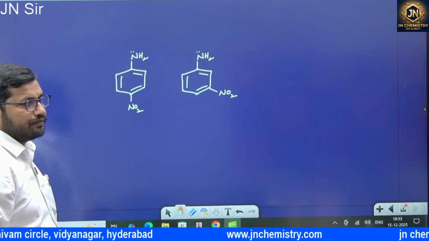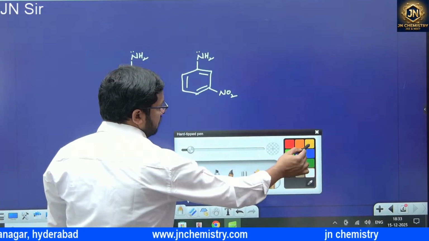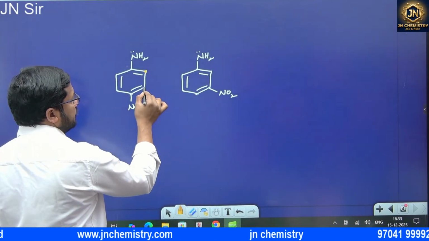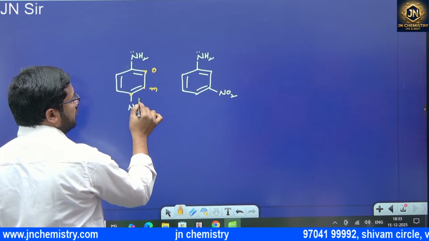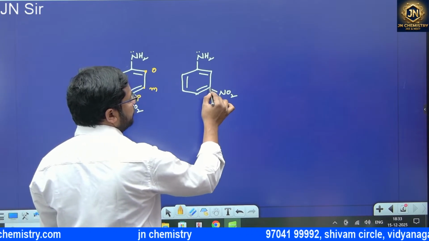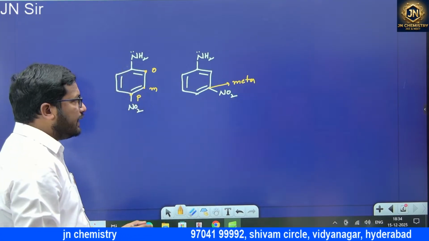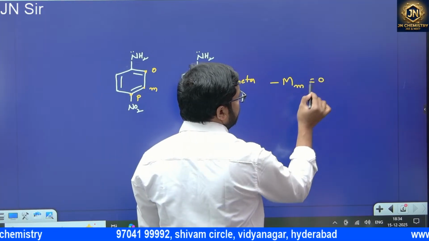NO2, NO2. What is the nature of NO2? Minus M. Which position is this? This is ortho, this is meta, this is para. At meta position, minus M equals 0.